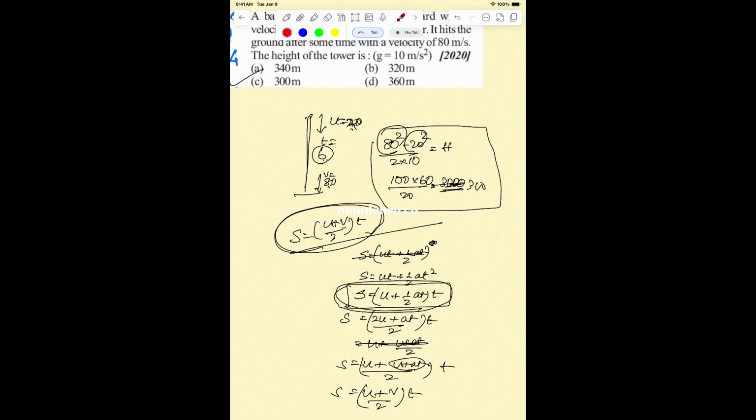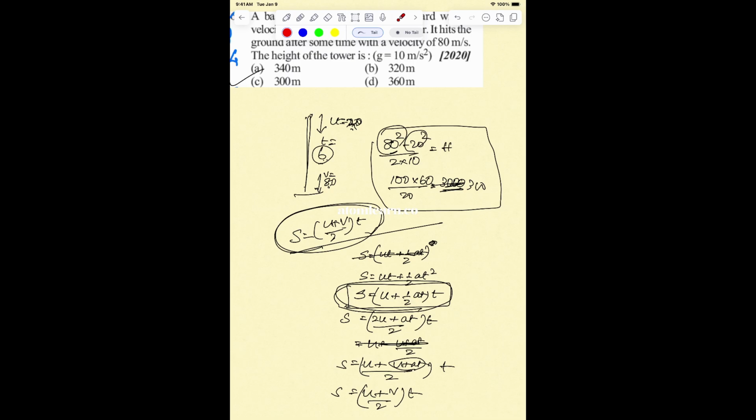Therefore I would suggest that if you try S equal to ut plus half at squared as a whole, then you have to do the quadratic multiplication, finding t squared, and you require pen and paper. But if you take the t out as common and use it as two factors, then you don't need pen and paper.